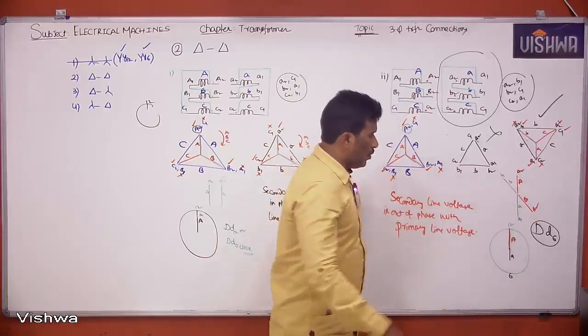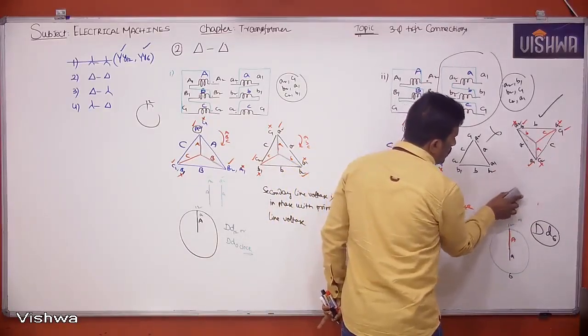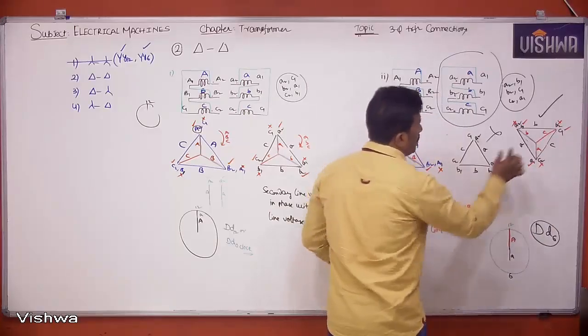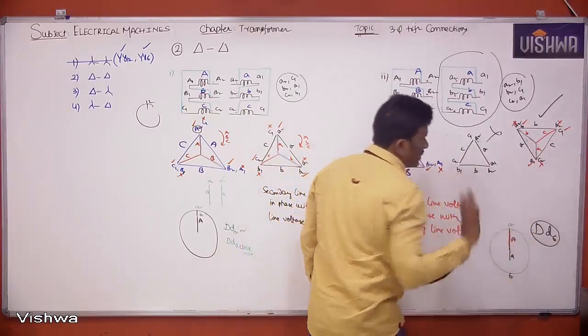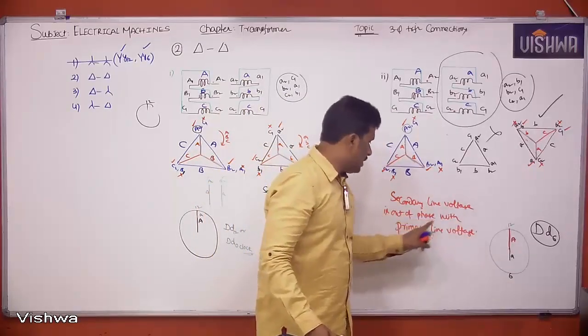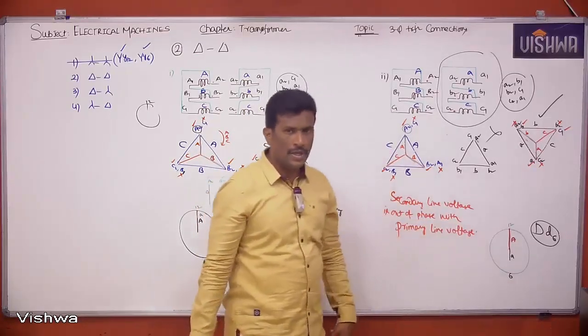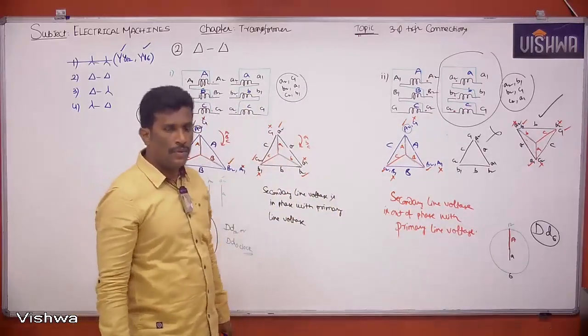Otherwise, I don't want to make you confused. Simply I am removing this. Simply compare small a with capital A. That gives you DD6. That's the answer. This is the angle between secondary line voltage and the primary line voltage. Okay. They are out of phase. Here they are in phase. Okay. Please note down.